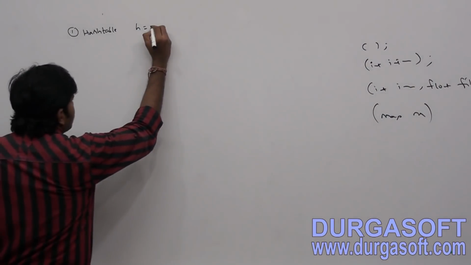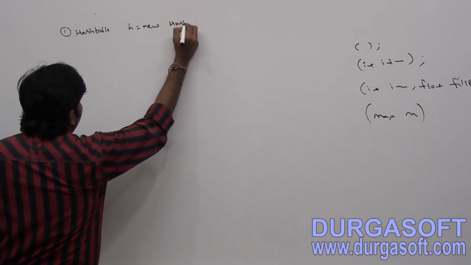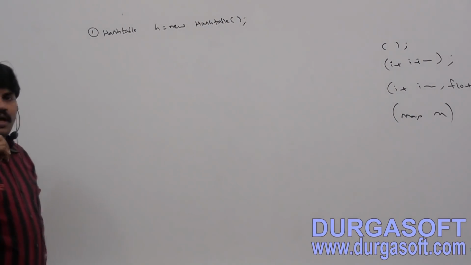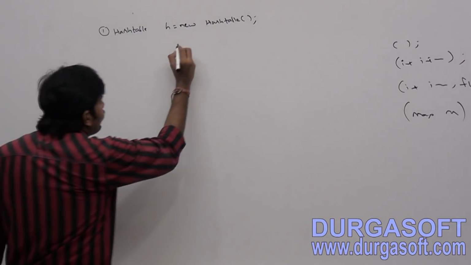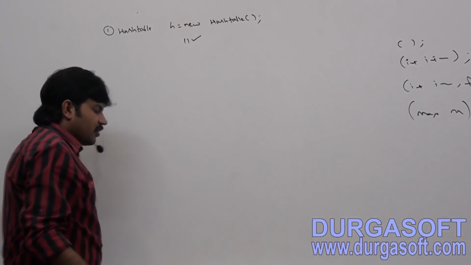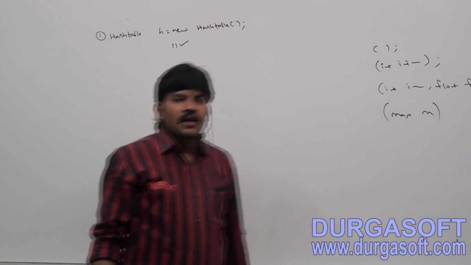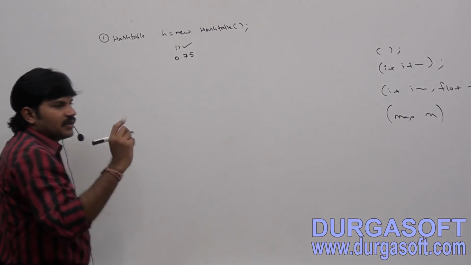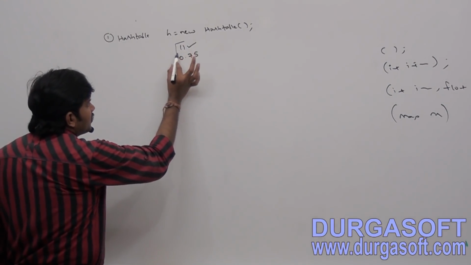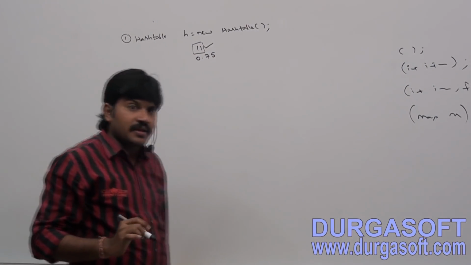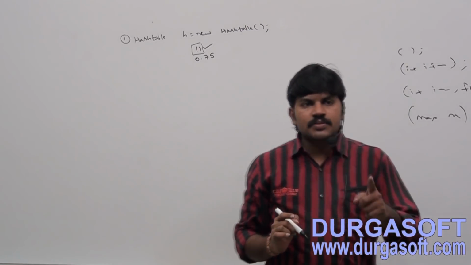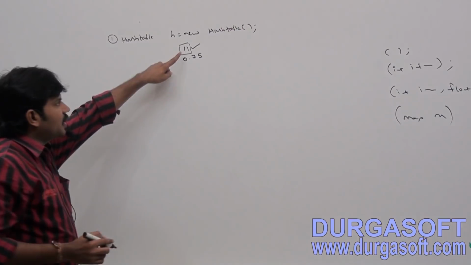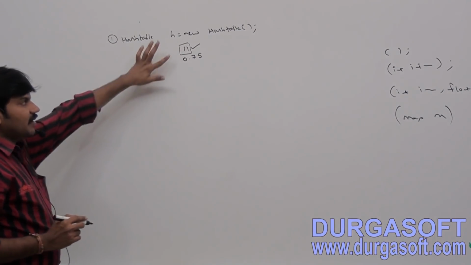Hash table h is equal to new hash table creates an empty hash table object with the default initial capacity 11 and the default fill ratio 0.75. Now here have you observed? It is not 16. If it is hash set, 16; if it is hash map, 16; but if it is hash table, the default initial capacity is 11 only.